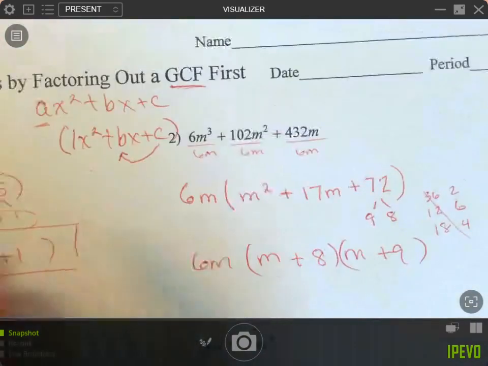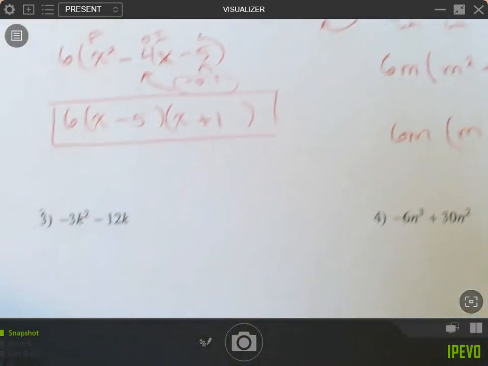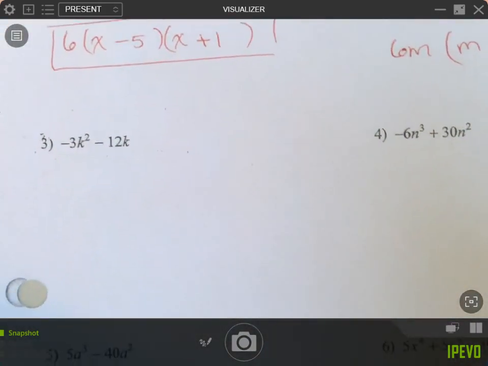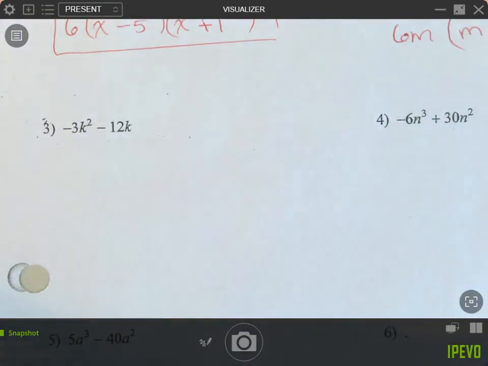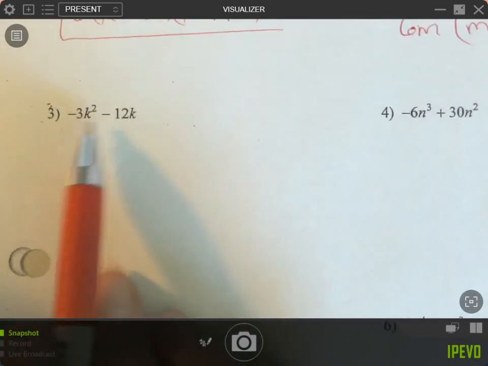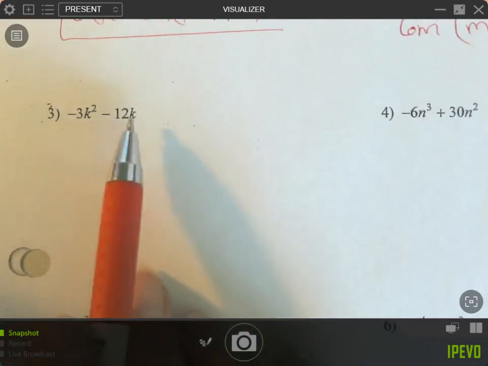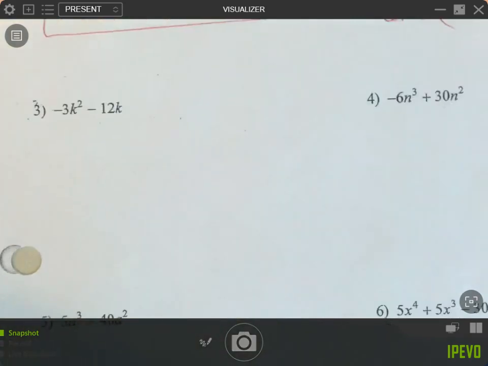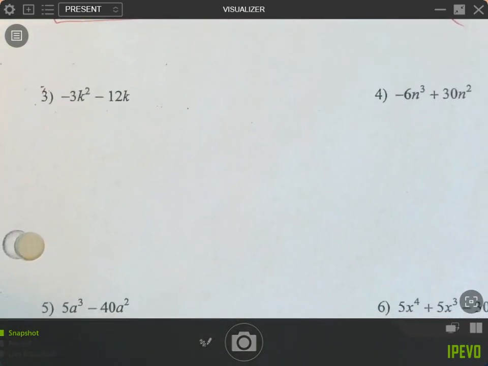Now, both of these started with 3 terms. Look at number 3. It definitely doesn't have 3 terms. What's the GCF here? 3.